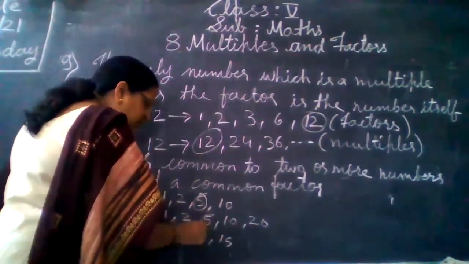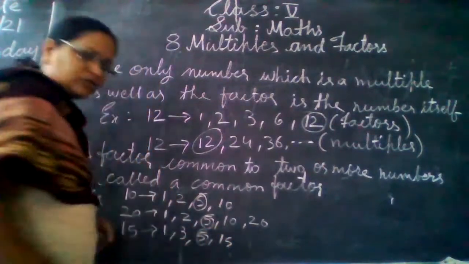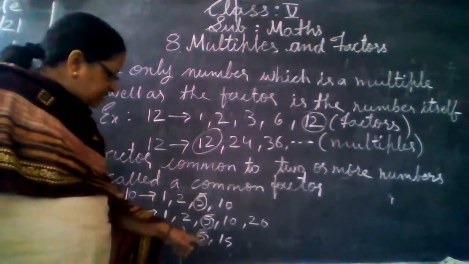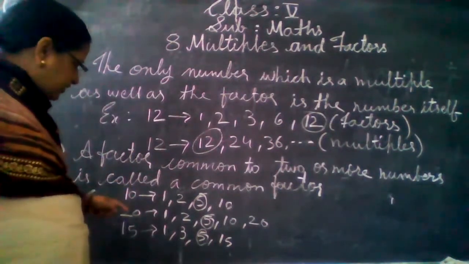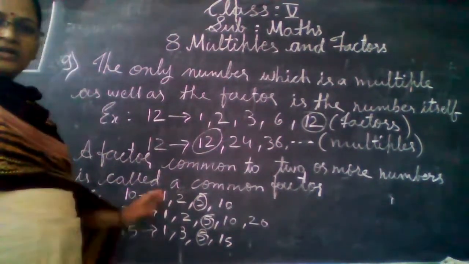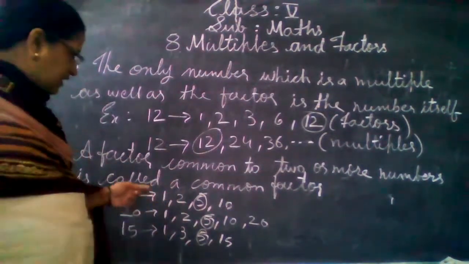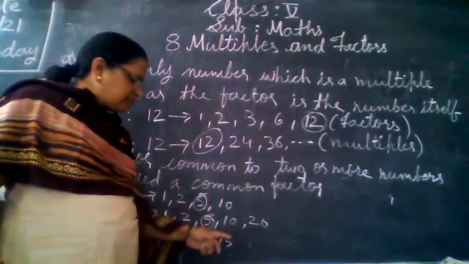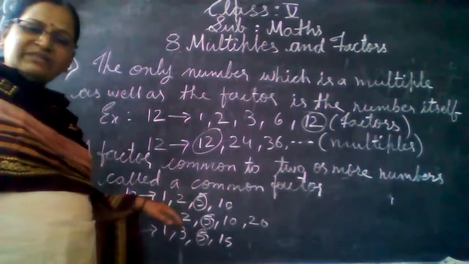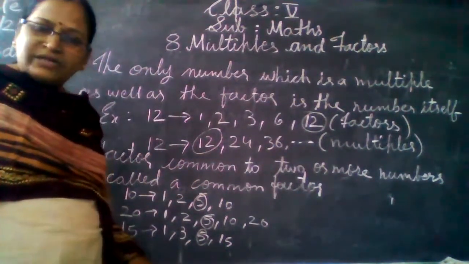Only 5 occurs in these three. So that means 5 is the common factor for 10, 20 and 15. So this is known as a common factor. See, here is 2, here is 2, but here is no 2. Here is 10, here is 10, but here is no 10. But only 5 is the number which occurs in these three. Got it, children?